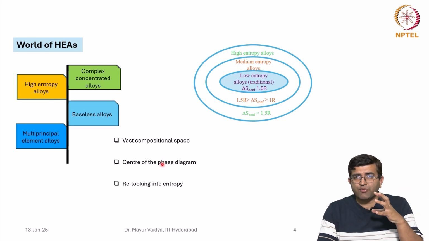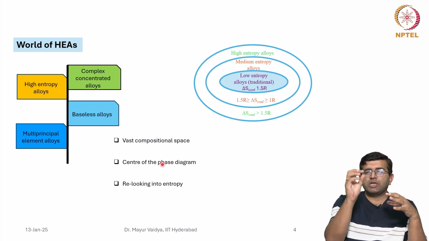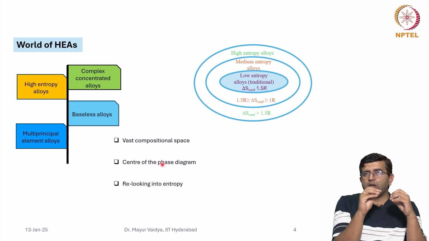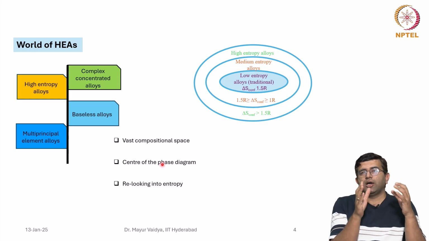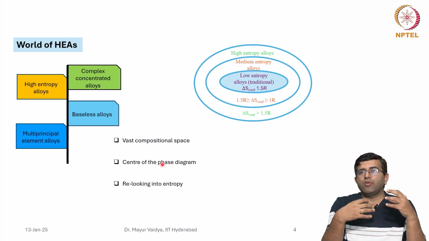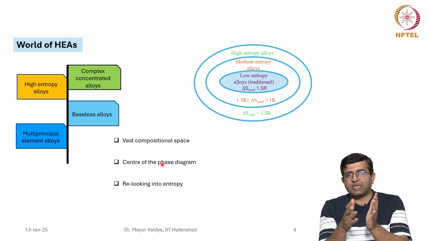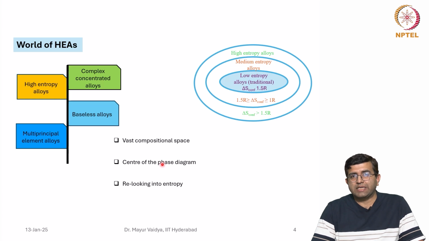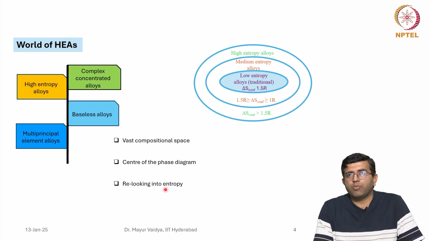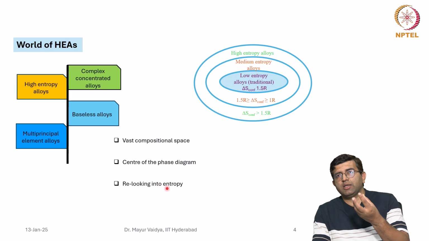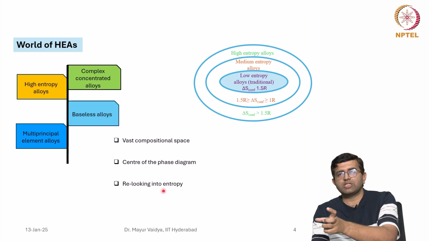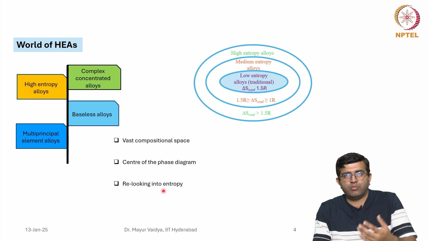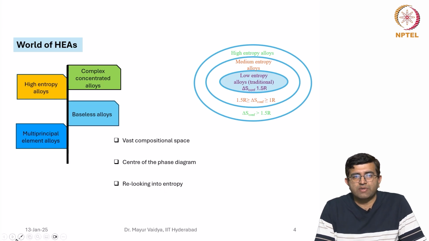You go to the center of the phase diagram, because in conventional alloys, since the alloying additions are in small amounts, you are primarily sticking to one side of the phase diagram. But now with equiatomic additions, you go to the center of the phase diagram and uncover more exciting science. Earlier, alloy design was not connected to configurational entropy. Now that has brought a revisit of the concept of configurational entropy and its effect on alloy design.